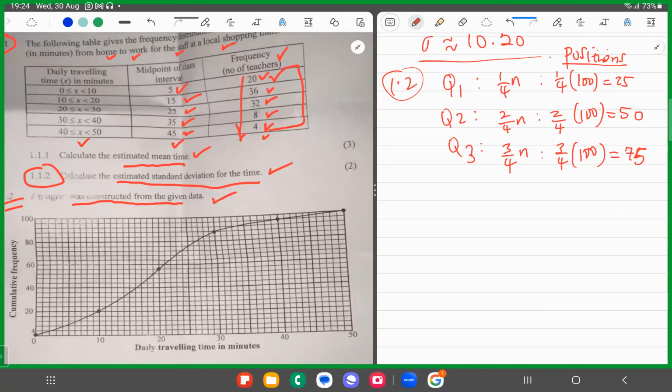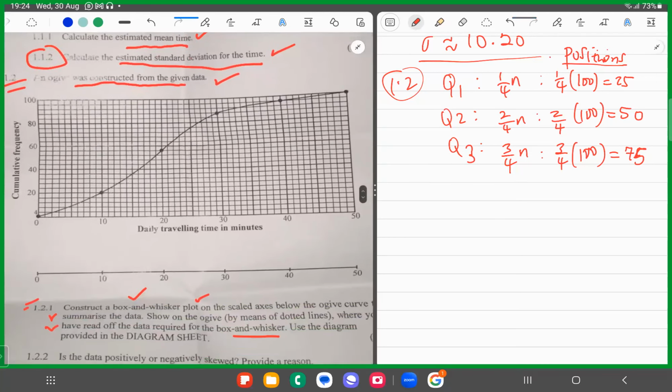So we continue. Right, so let's continue and answer the questions.